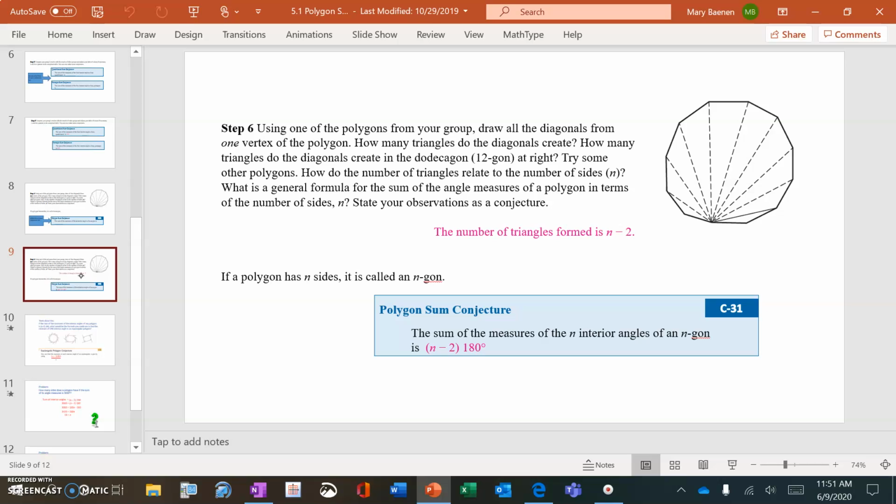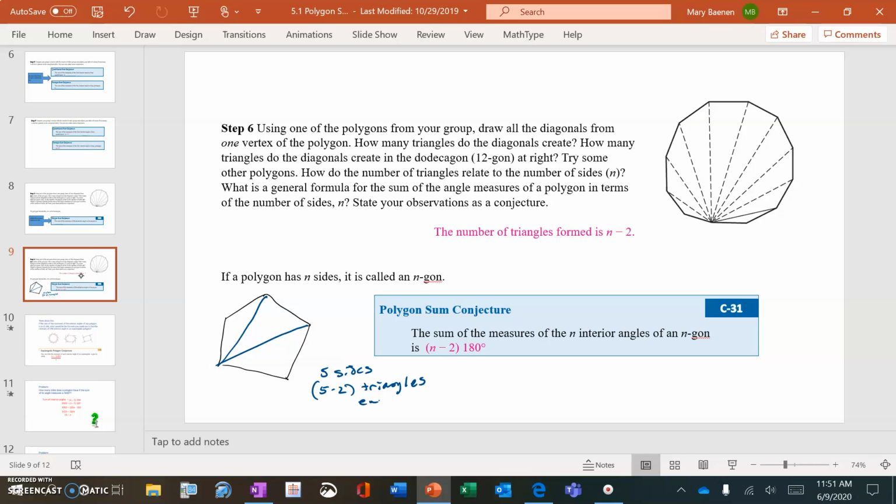So that is conjecture number 31. So you need a sketch for that. 1, 2, 3, 4, 5, let's say. So this would be 5 sides, but 5 minus 2 triangles, each 180 degrees.